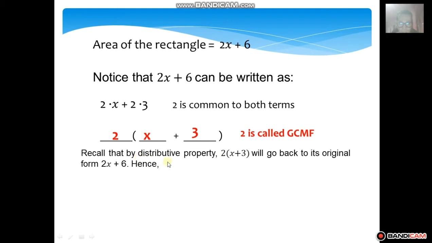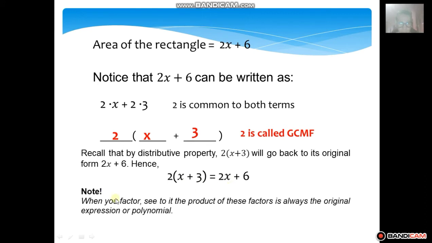Recall that by the distributive property, 2 times quantity x plus 3 will go back to its original form, 2x plus 6. Hence, 2 times quantity x plus 3 is 2x plus 6. Note guys, when you factor, see to it that the product of these factors is always the original expression or polynomial.